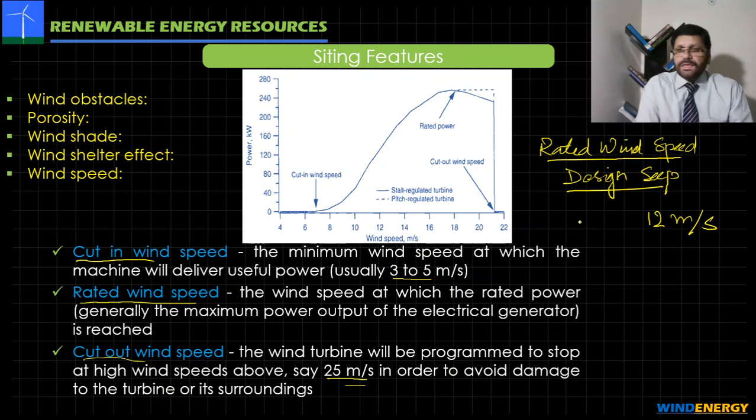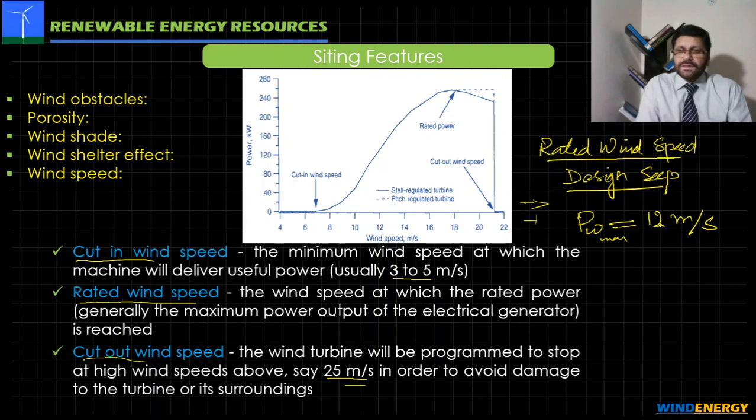At 12 meter per second, you are going to have maximum output. So this is the wind that is coming. If it is coming at 12 meter per second, the maximum is going to be the output, the extraction of wind energy into the electricity you are going to get.